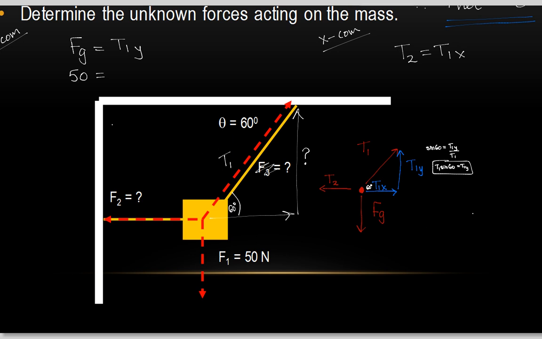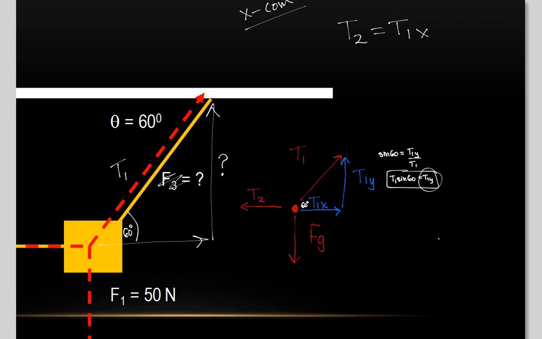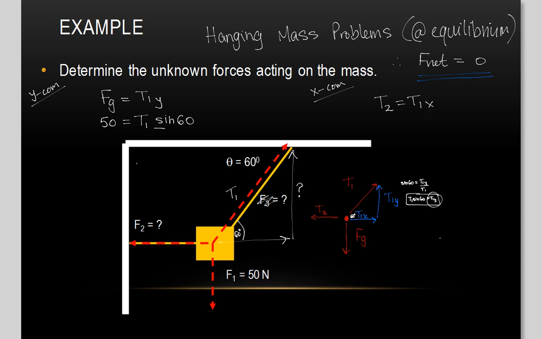Okay, so T1y, we can now sub this in. T1y over here: T1 sine 60. And now you can solve for T1. How would you solve for T1? Just divide out sine 60 on both sides. So 50 divided by sine 60.